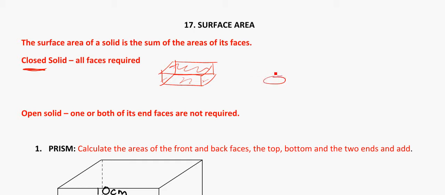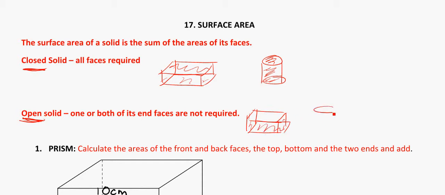We could have a cylinder, might be a lolly tin, and it's closed if it's got the bottom and the top on it. Now an open solid is obviously not going to have quite so much cardboard or tin or whatever it's made out of. It's going to have the lid off, so you could have the cuboid shape like the shoebox without the lid, so it's got all the sides but it hasn't got the lid on it.